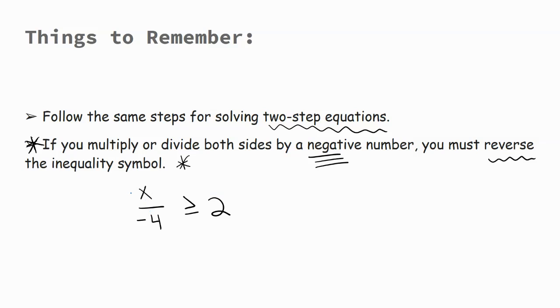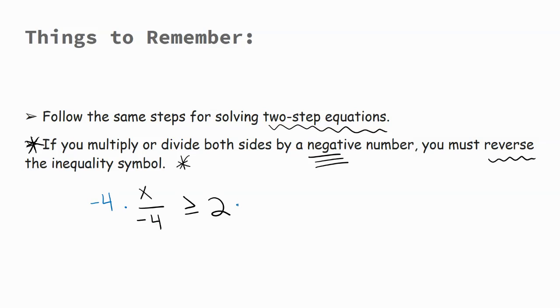And in this case, I have division because I'm doing x divided by negative 4. Now, what that means is I need to undo the division. And to do that, I'm going to multiply both sides by negative 4, right?